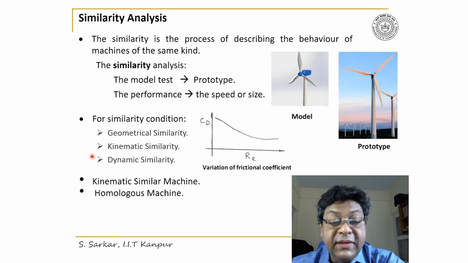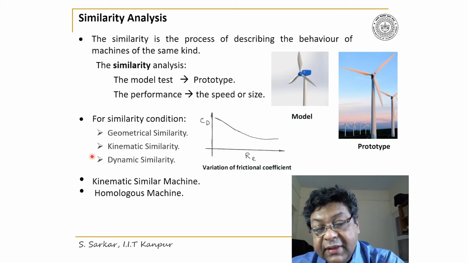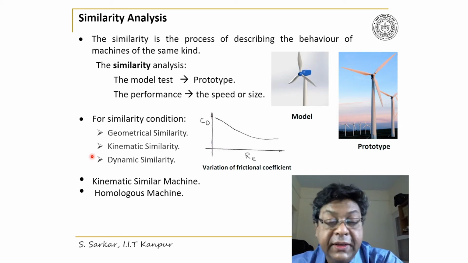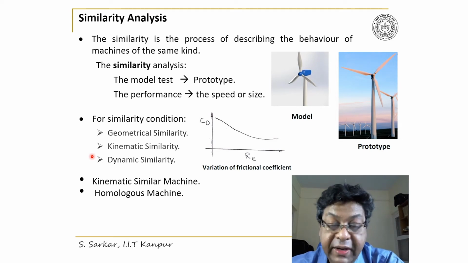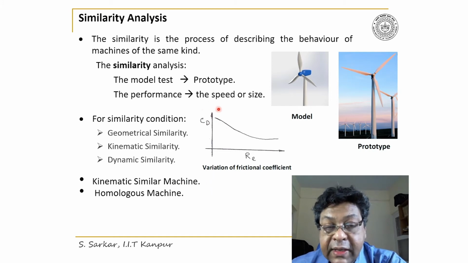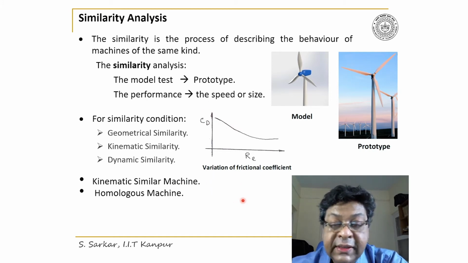The next one is dynamic similarity. For true similarity, equality of Reynolds number must be satisfied. You see I have given a sketch of friction coefficient versus Reynolds number.